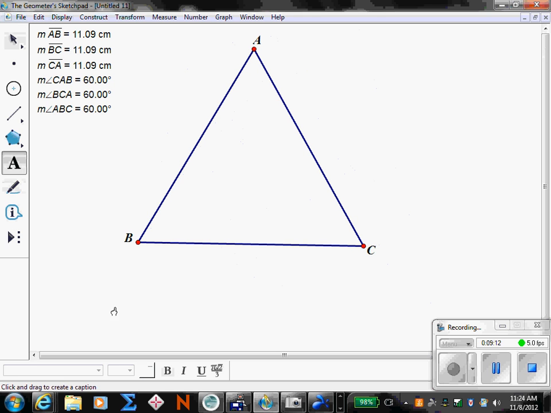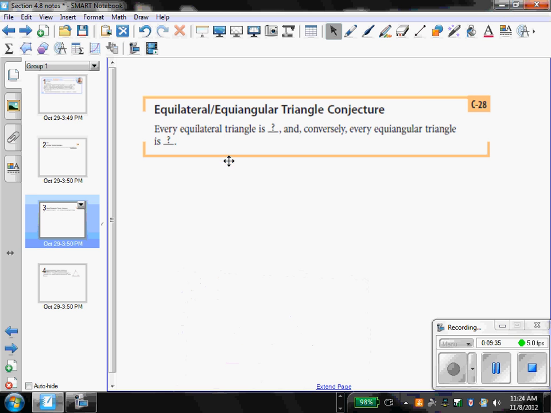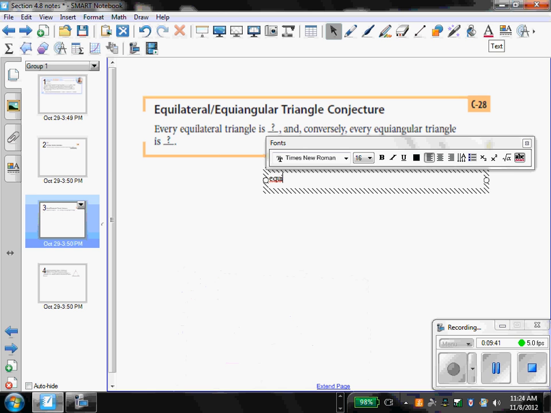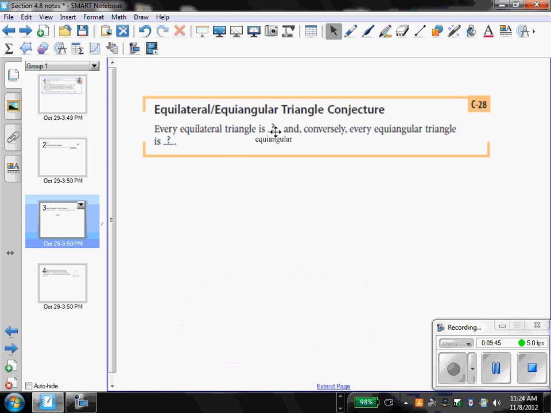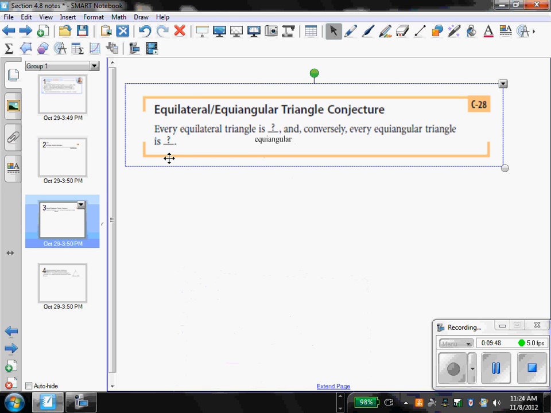So if you want to type yourself a note, you can take a snapshot and put this into your notes. So every equilateral triangle is equiangular, and conversely, every equiangular triangle is equilateral.